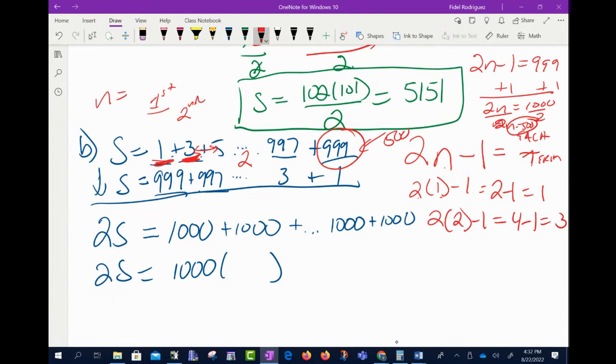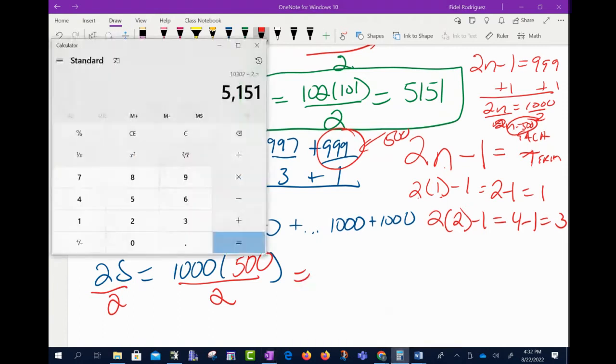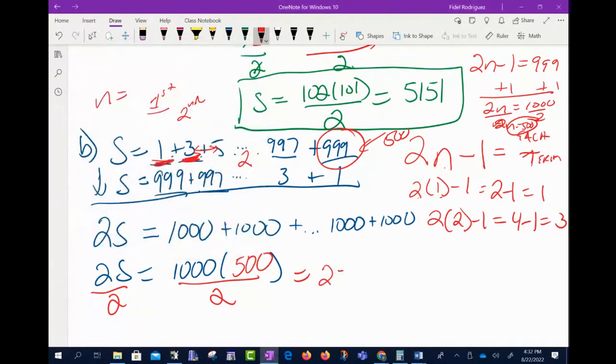Okay, so I'm adding up the number 1,000, 500 times. All right. So now what we're going to do is we're going to divide by 2 again. Okay, so take my calculator one more time. 1,000 times 500 divided by 2. 250,000. There's my answer for part B. Okay.